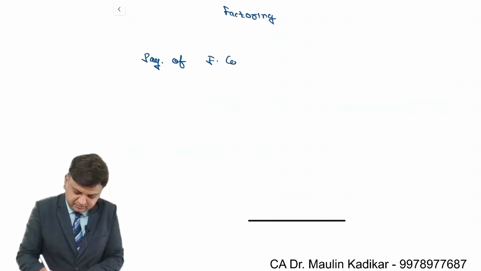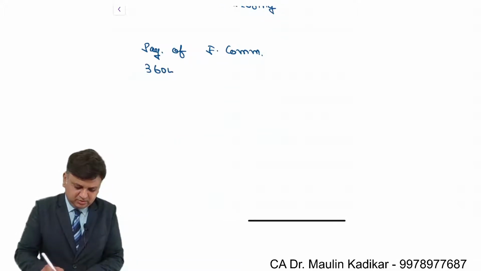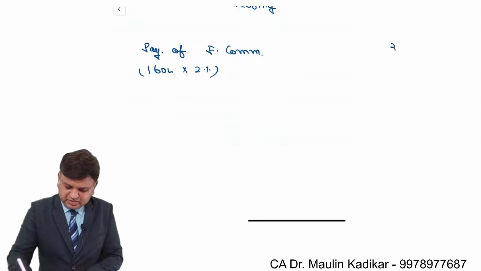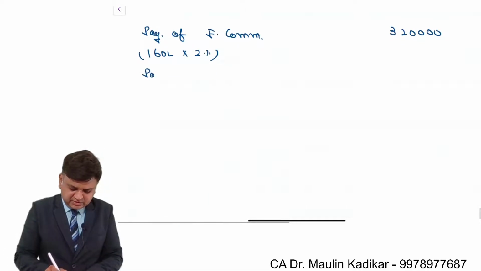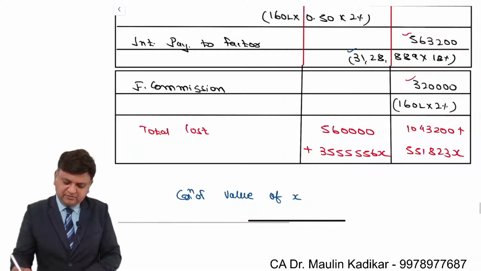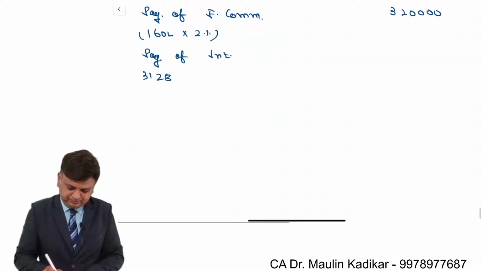Payment of factoring commission, it is 160 lakhs into 2%. That comes to 3,20,000. Payment of interest, we understand it is 31,28,889 into 18%.